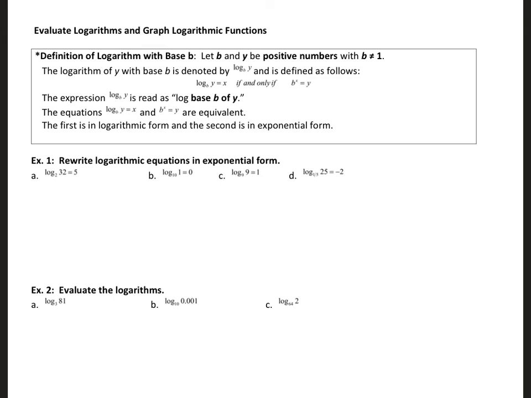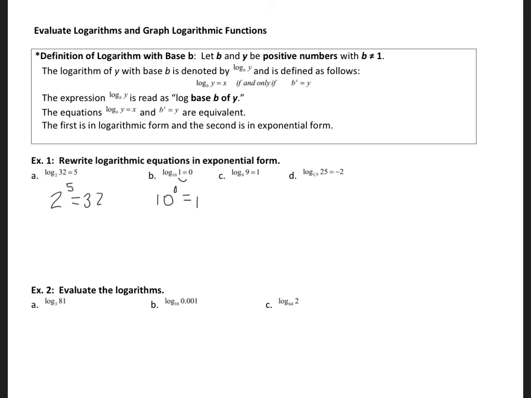And now, since we are told the exponential and logarithm forms are equivalent, let's go and write in exponential form. 2 raised to 5 is equal to 32. 10 raised to 0 is equal to 1.